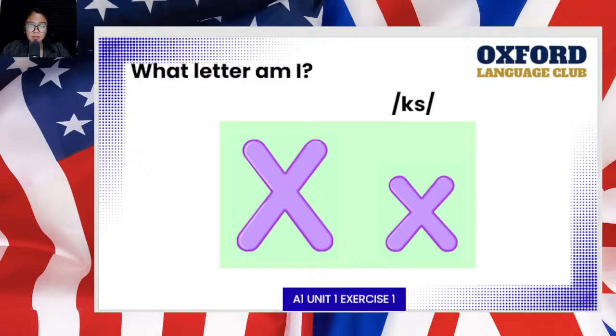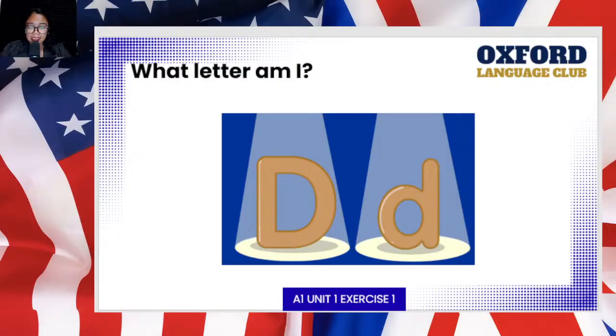Very good. Let's move on to another letter. Letter D. Now, what does letter D sound like? D. This is the fourth letter in the English alphabet. Okay, let me give you a clue how we should pronounce this particular letter.